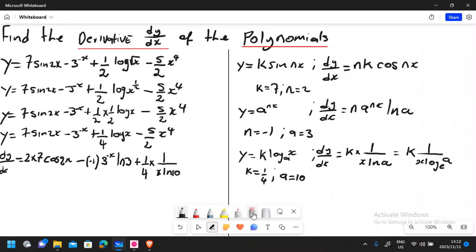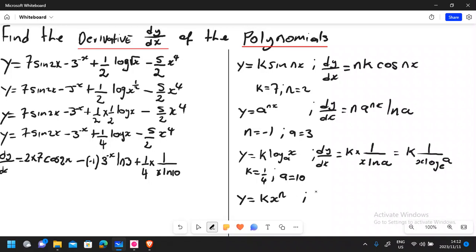And then we have the last derivative here, the last term, which is the standard derivative. So this one should be easy. Even the formula is not that difficult. Let me just show you the formula. The formula for the standard derivative is very simple. We have y equals k x to the power of n.